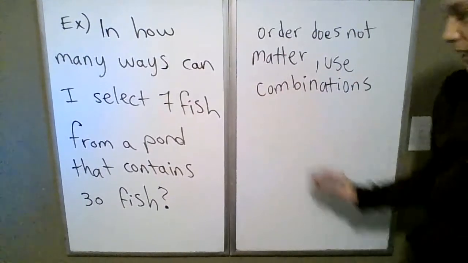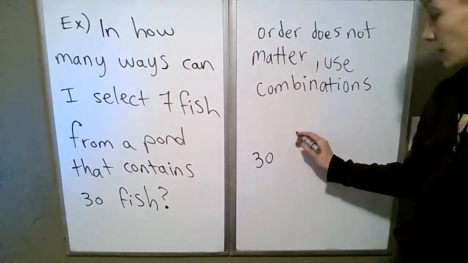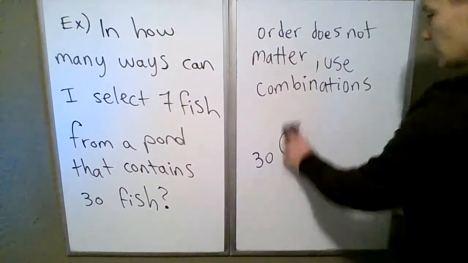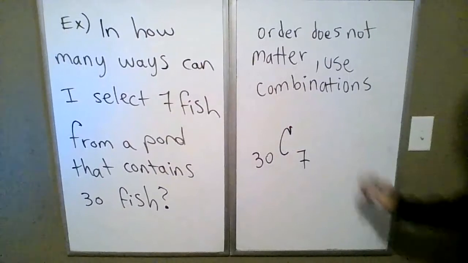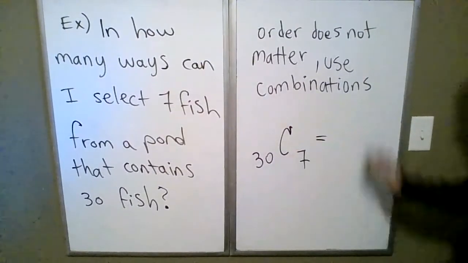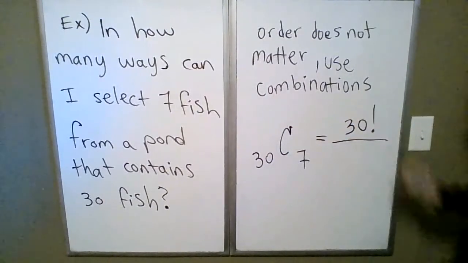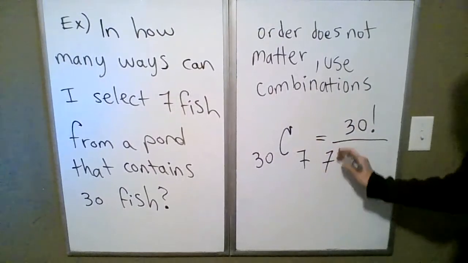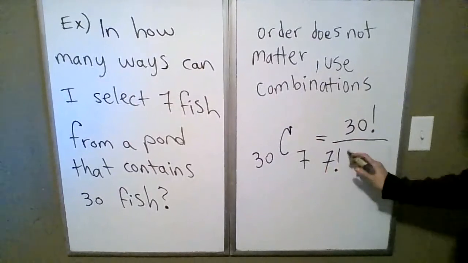It's going to be out of 30, we would like to choose 7. Which would be 30 factorial over 7 factorial, multiplied with 30 minus 7 factorial.